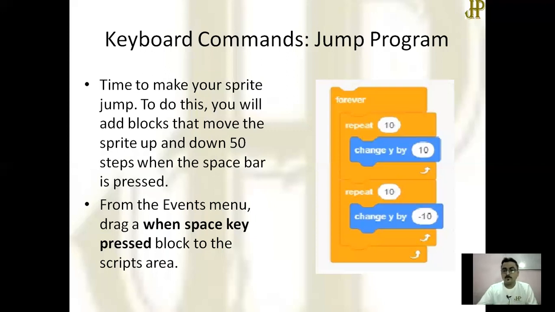That's all. So what is to be done? Change Y direction. Why? Because I have to jump the cat by 10. Again 10, 10, 10. And this will happen 10 times. After that, I have to move the cat downwards towards earth.